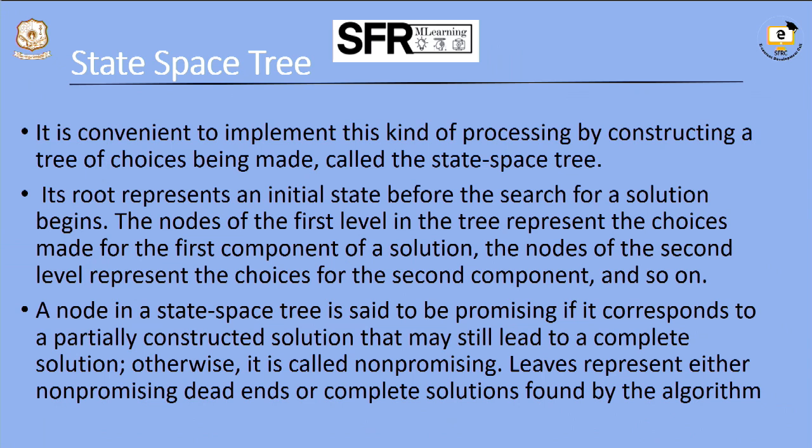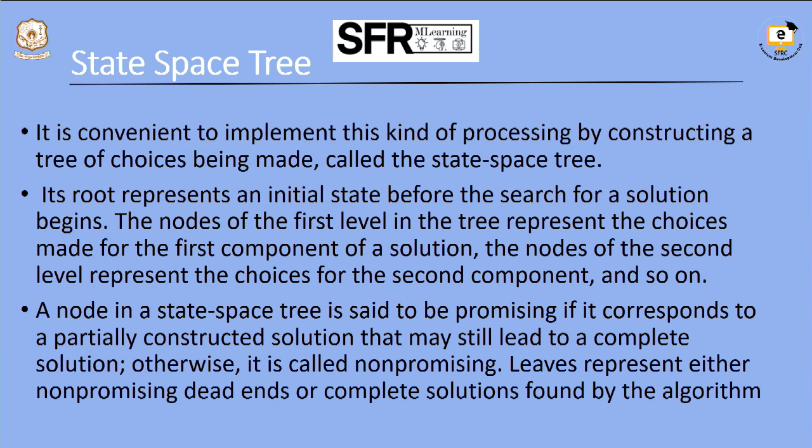If you consider the state space tree, the starting state space tree consists of a single node representing the state of the problem. In the initial state, we have the root node containing an empty set, and then we make the choices. From the initial state, we can have two choices. On the left side we have one subtree and on the right side we have another subtree.